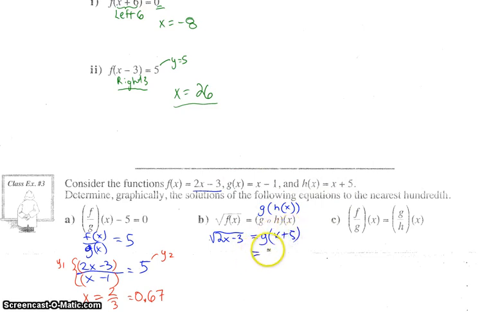So the g function is x minus 1, put brackets because we're scooping that out, and we're putting in x plus 5. We could simplify that a bit if we wanted, or we can just enter it as it is in the calculator. We're going to put the left-hand side in y1, the right-hand side in y2, and find out where they cross. So pause your video, go get your answer, and we'll check back in a minute.